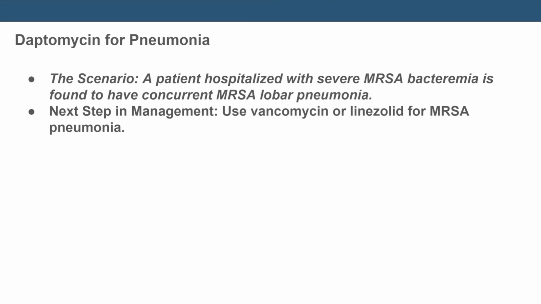And this surfactant physically binds to daptomycin and inactivates the drug before it can even reach the bacterial cell walls. So giving daptomycin for pneumonia is clinically equivalent to just giving water. So the infection is not going to be cured, and it's going to worsen. It can lead to empyema, sepsis, or death. So the correct step in management here is that you should use vancomycin or linezolid for MRSA pneumonia.